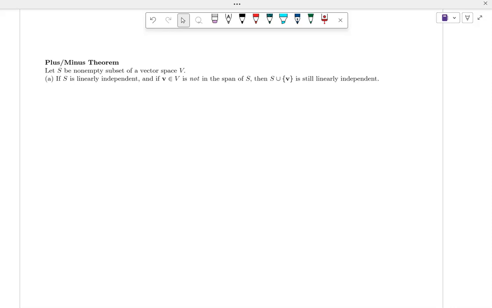So if I throw it in, it creates new information. That's the idea of linearly independent: each vector tells me something different than any of the other vectors. This gives me a limited amount of information. This isn't in that information, so if I throw it in there, I get new information. So it's still linearly independent, okay?